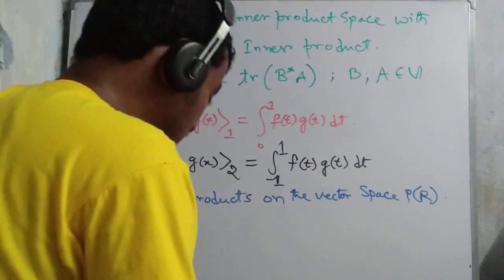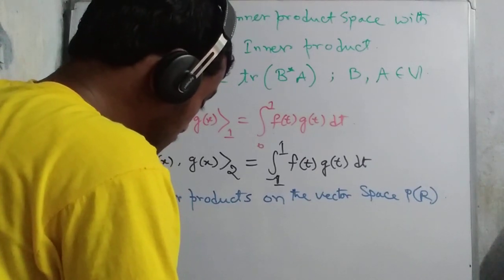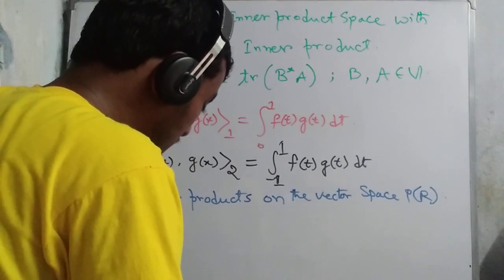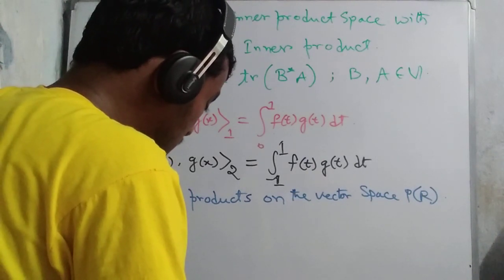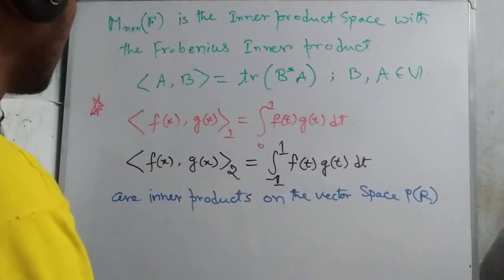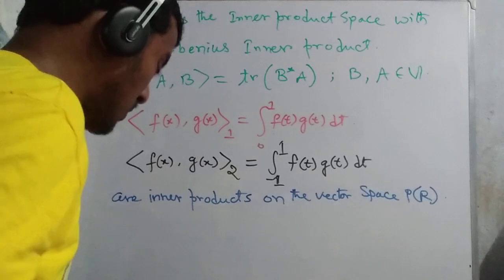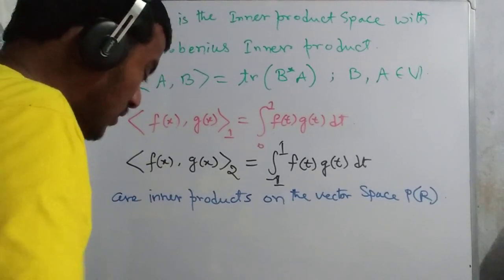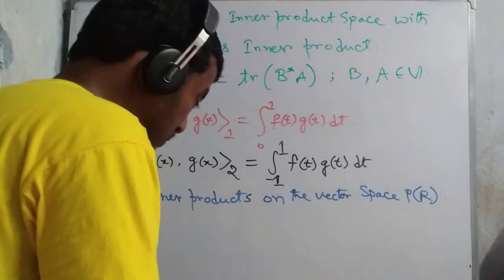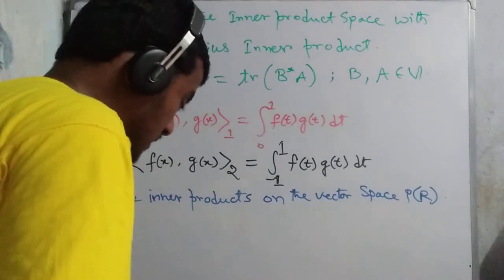Then obviously we show that these two inner products yield different inner product spaces, even though the underlying vector space is the same. These are two inner products on the vector space P(R).